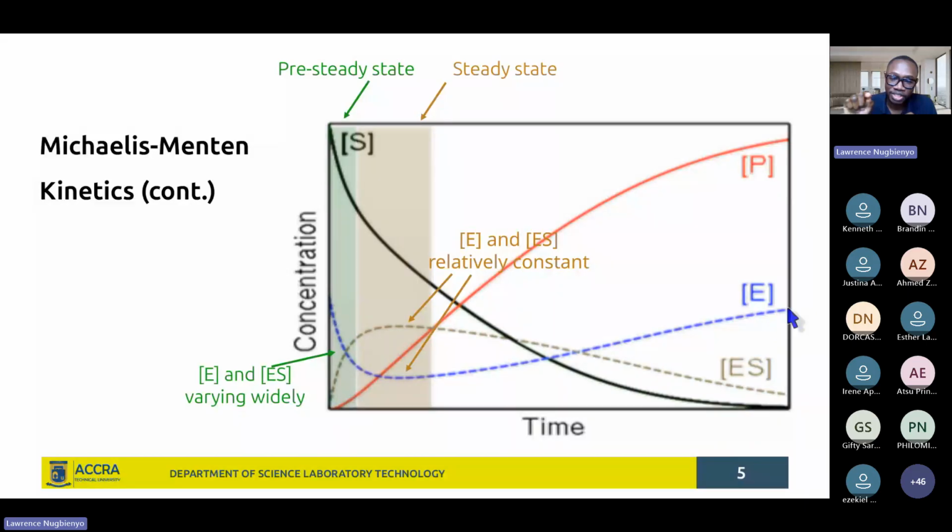So the enzyme concentration is now the same as it was from the beginning. And there will no longer be any enzyme substrate complex when all of it has been converted into product.